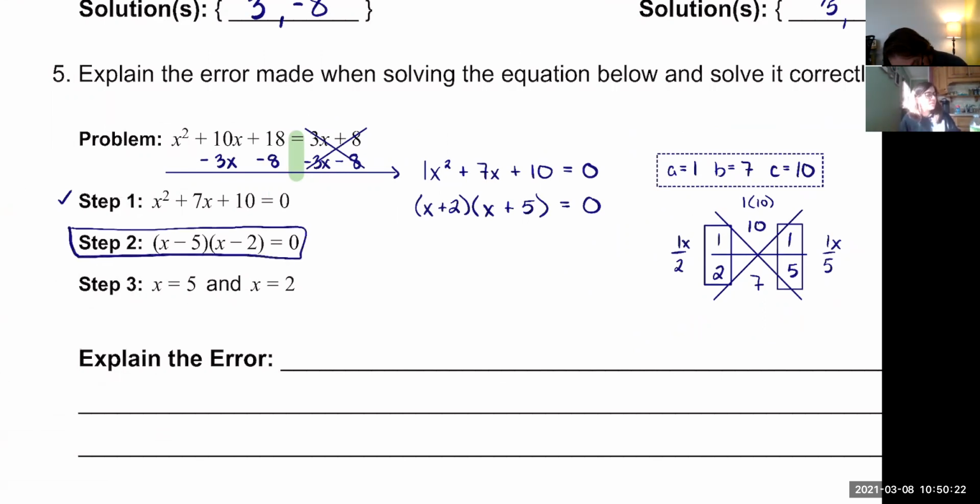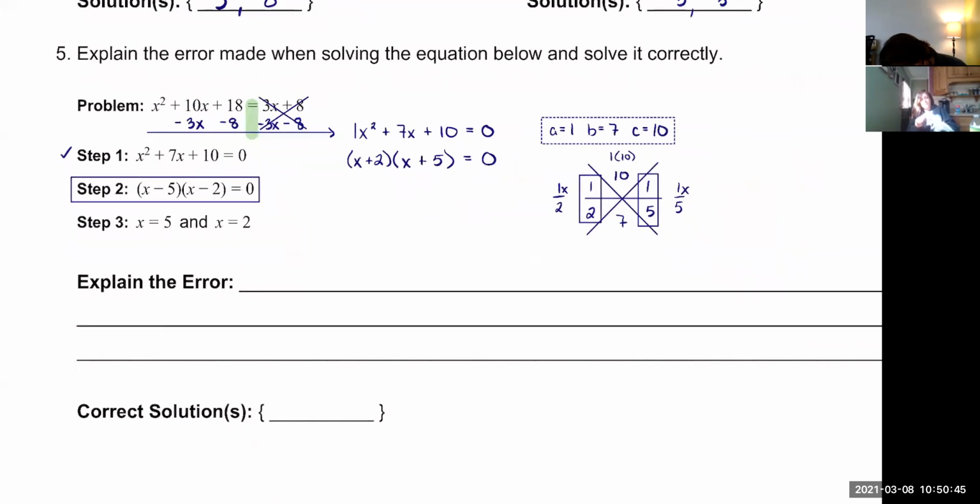It's not right. What do you suspect they did there? Or why is it wrong? Because it's negative, not positive. Because the 5 and the 2 are negatives, not positives. And if we think about it, in our asterisk method, if we had made the 5 and the 2 negative, that would have given me a negative 7, where I wanted a positive 7.